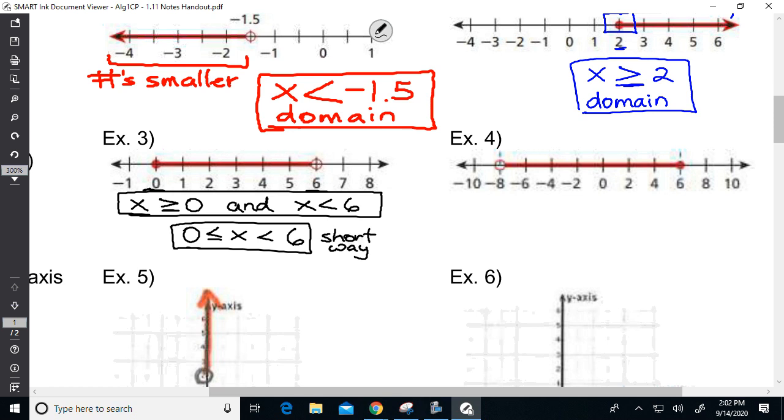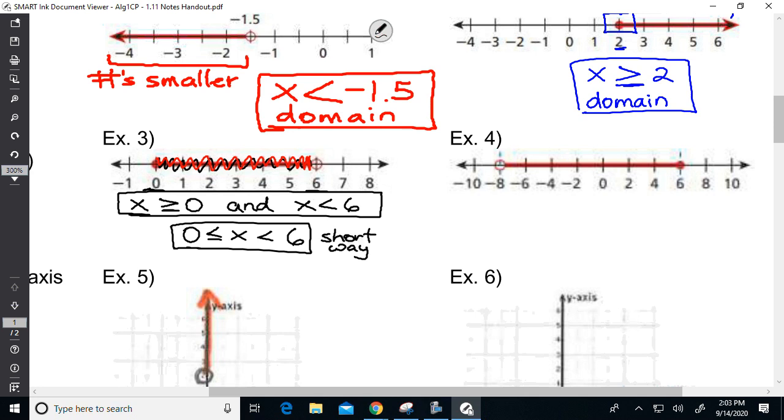So, if x is greater than or equal to 0, you're going this way. If x is less than 6, you're going in the other direction. Notice that they're overlapping. We use less than signs to indicate overlap.